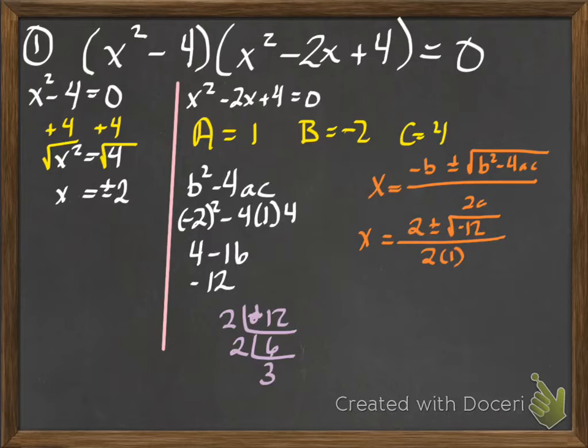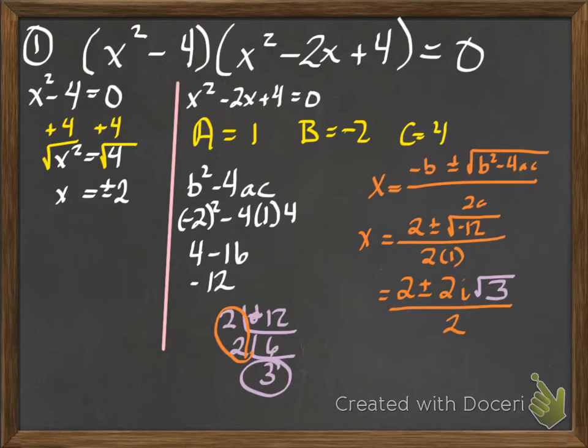So we have that set of 2's and the 3 that gets left behind. So 2 plus or minus 2, which came out, the i which came out, the square root of 3, which stayed behind, divided by 2.